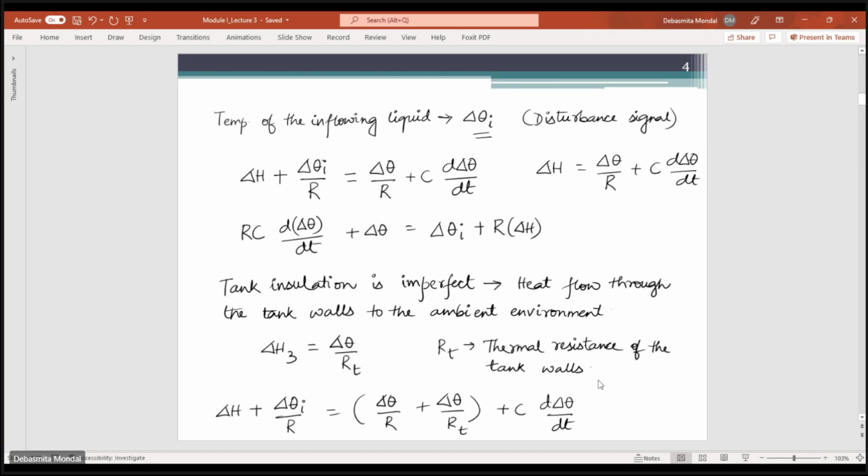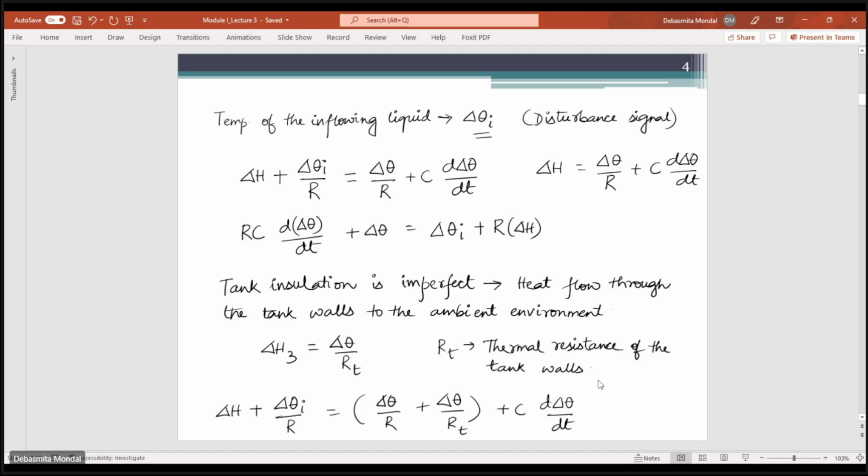You won't want a large error between the input-output relation that you actually get and the one from your model. So you have to consider all the different parameters, the disturbance signal, the actual input that you are providing, any kind of losses; all these things should be taken into consideration while making the differential equation model of the system.